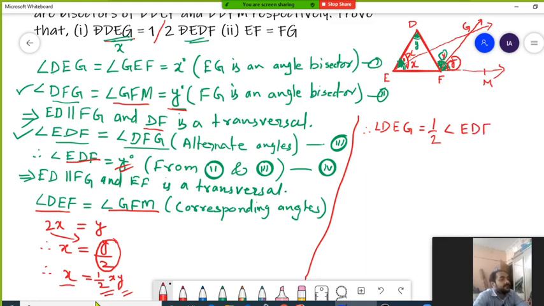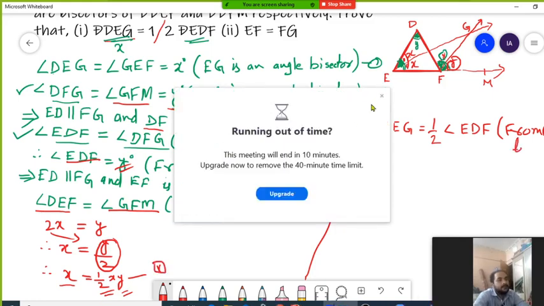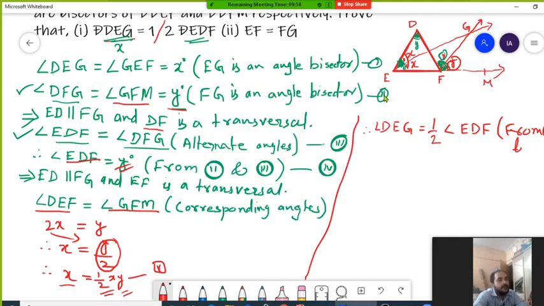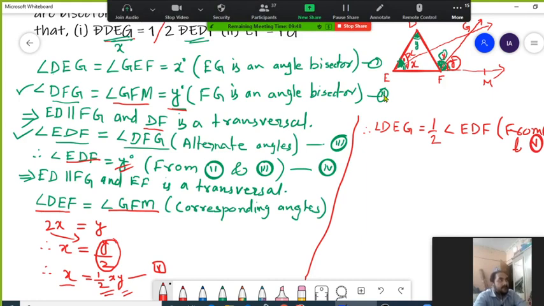So this is from third and fifth. You can consider this equation as fifth. So this is from third and fifth.